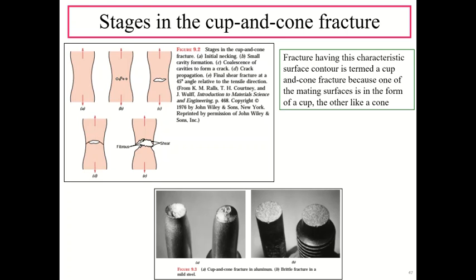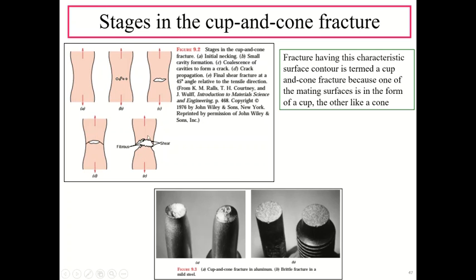And in the final stage, after the shear happens, the surfaces will be separated, and we will have the appearance of a cup and a cone. So here is a cup and here is a cone, and we can identify the two regions.